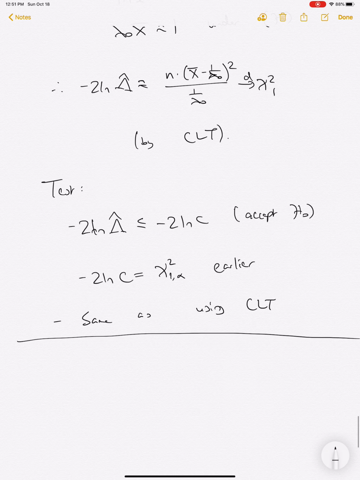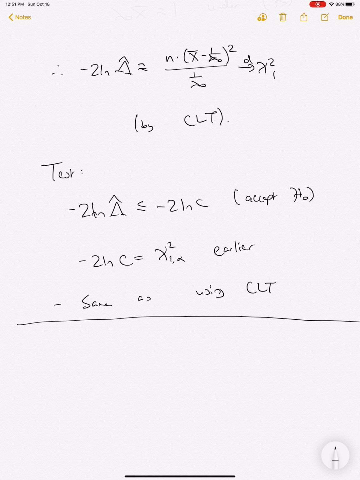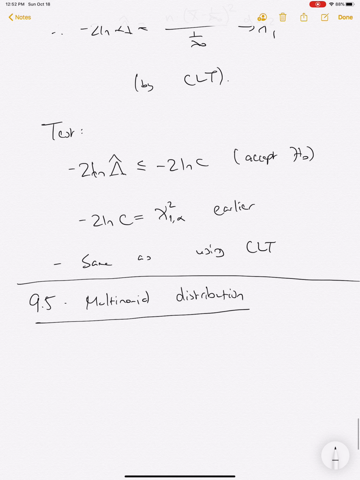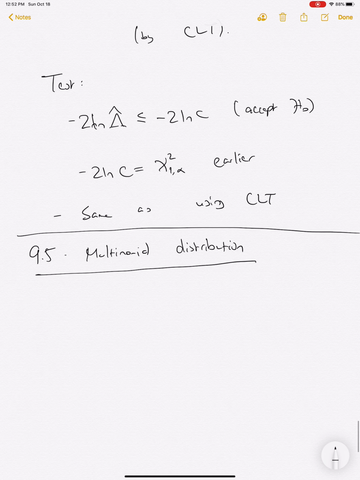So what I'm going to do in the last 10-15 minutes of this lecture is move on to another set of examples in 9.5, which is the multinomial distribution, and this is an important example. So I'm just going to go through it in a bit of detail.